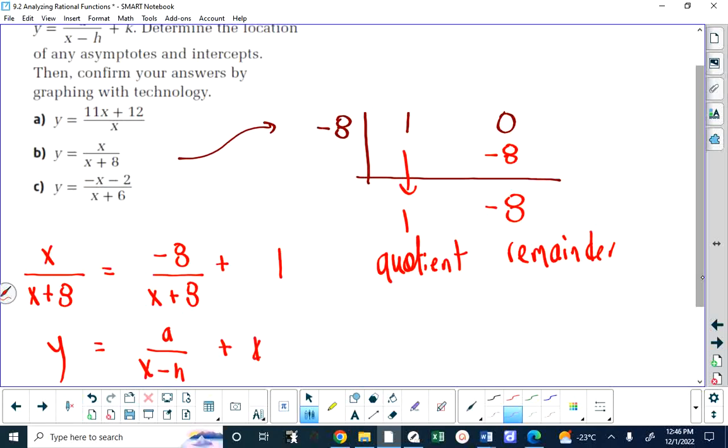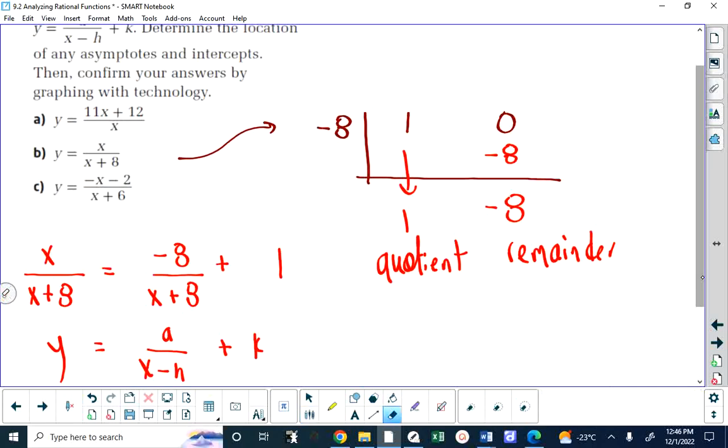So we know that the horizontal asymptote will be at y equals 1. The vertical asymptote will be at x equals negative 8. It will involve a vertical reflection and a vertical stretch that's quite severe, stretched by a factor of 8.